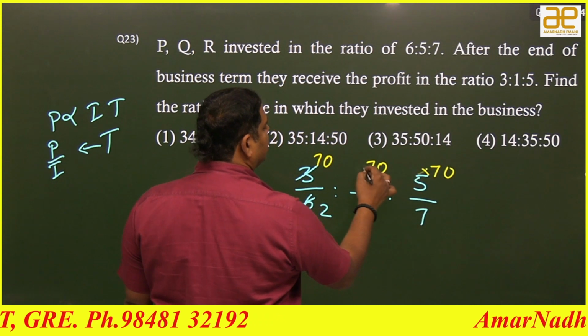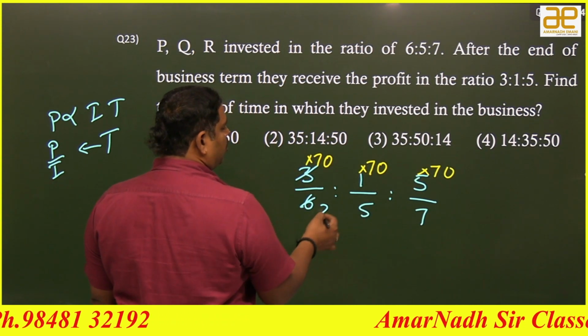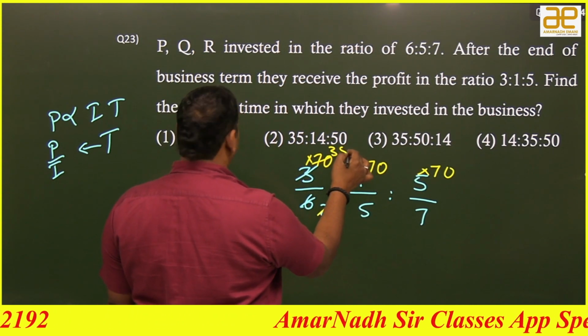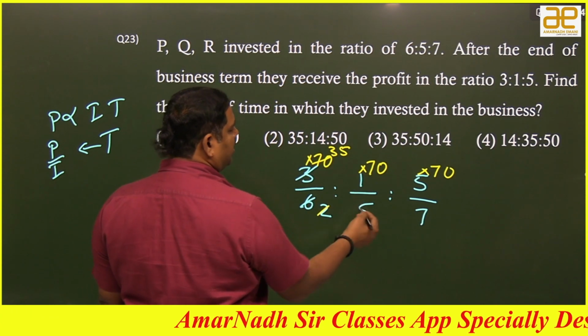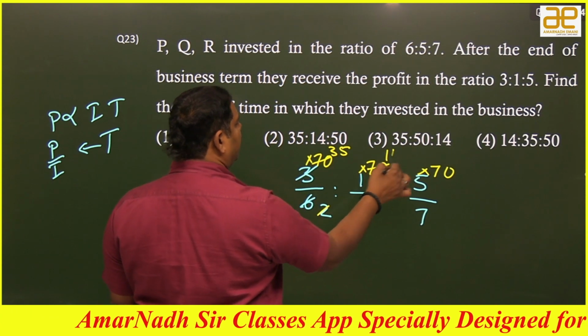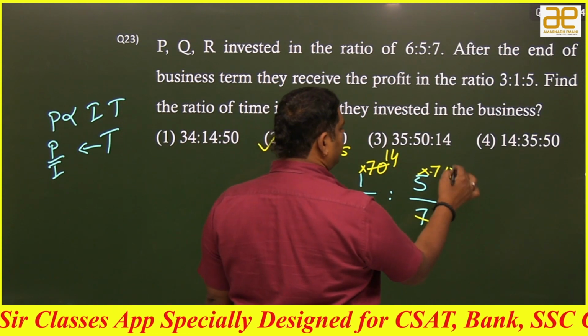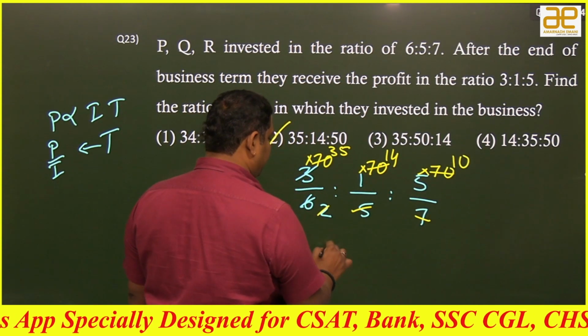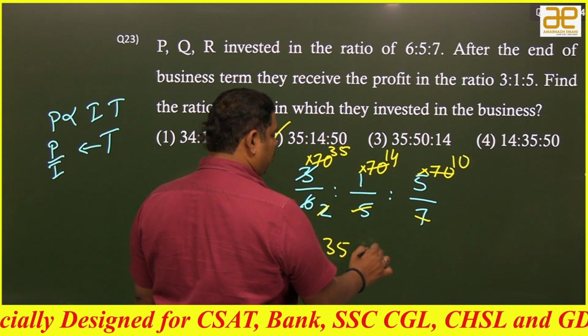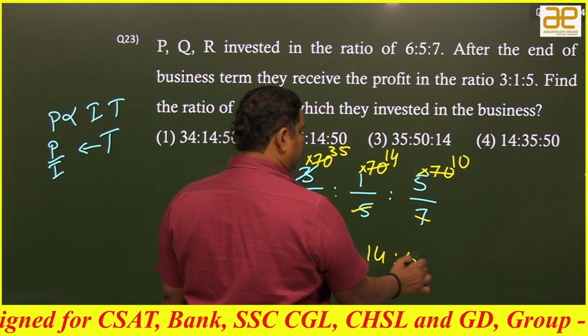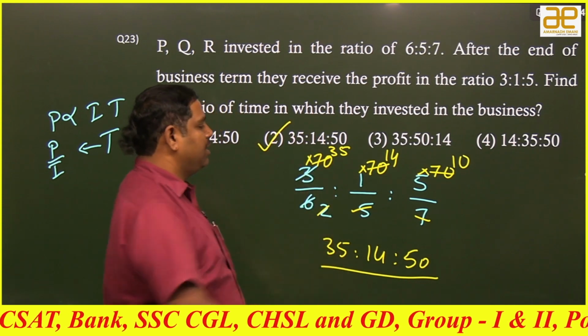So I am multiplying each one with 70. 2 35s, 5 14s, 7 10s, which is 70. So the ratio is 35:14:10. The second option is the answer.